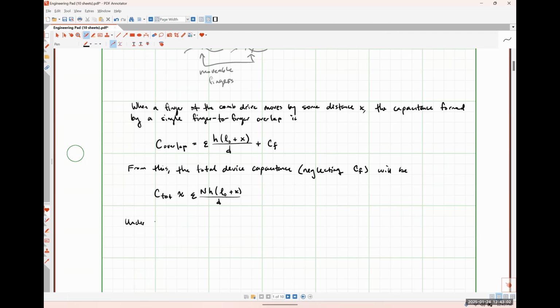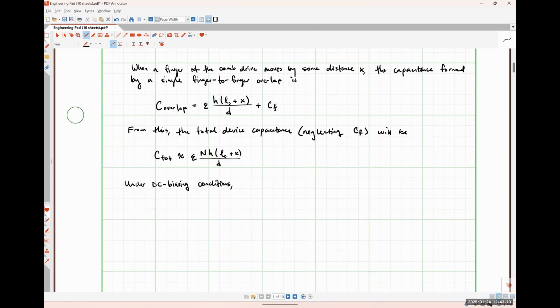And then we can use this relationship to determine the force generated by our device under a DC bias. Under DC biasing conditions, our electrostatic force, F sub E, is going to be the absolute value of the derivative of our stored energy in our capacitor with respect to our displacement X. This comes out to be 1/2 times the derivative of our capacitance as a function of position with respect to the X direction, multiplied by the square of our bias voltage.